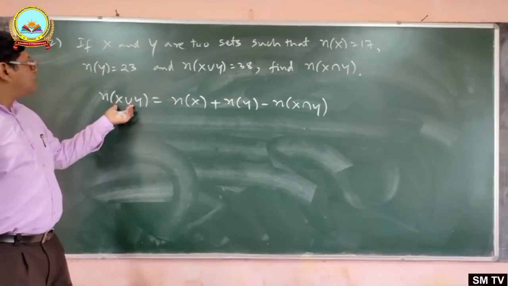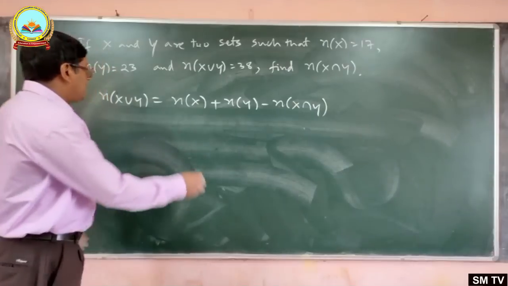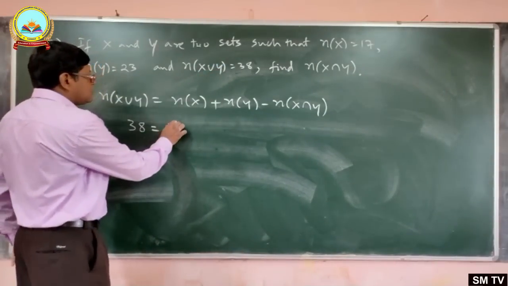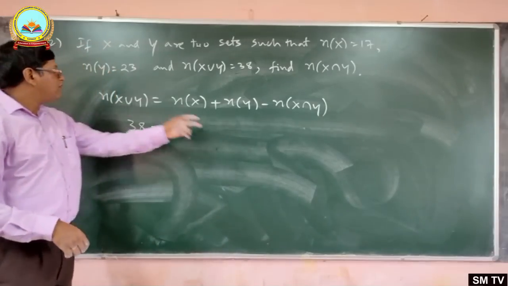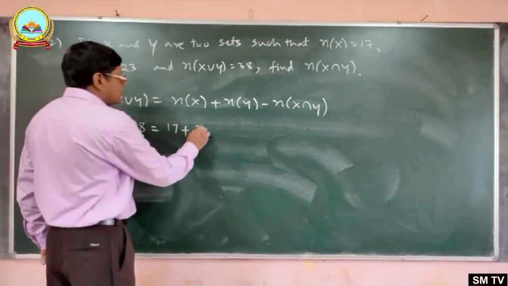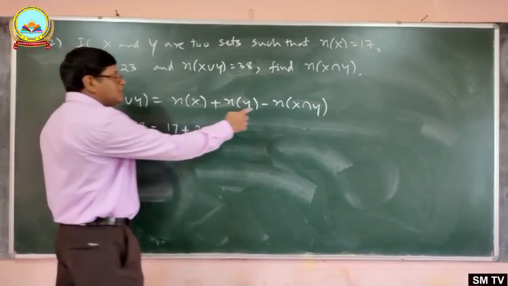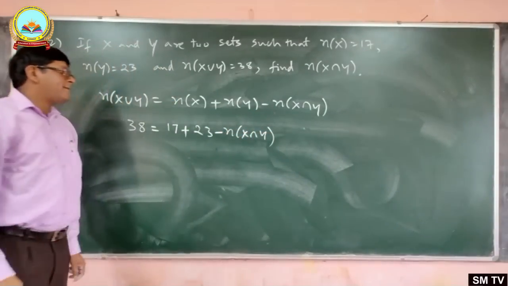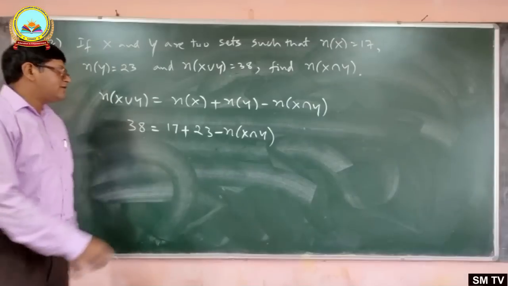Okay, so what is n of x union y? It's given 38, n of x 17 plus n of y 23 minus n of x intersection y. So now shift this to the left side.